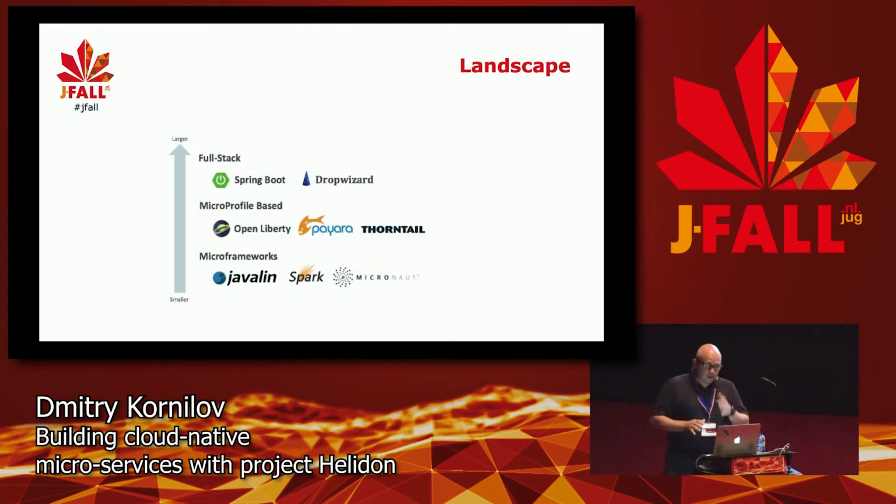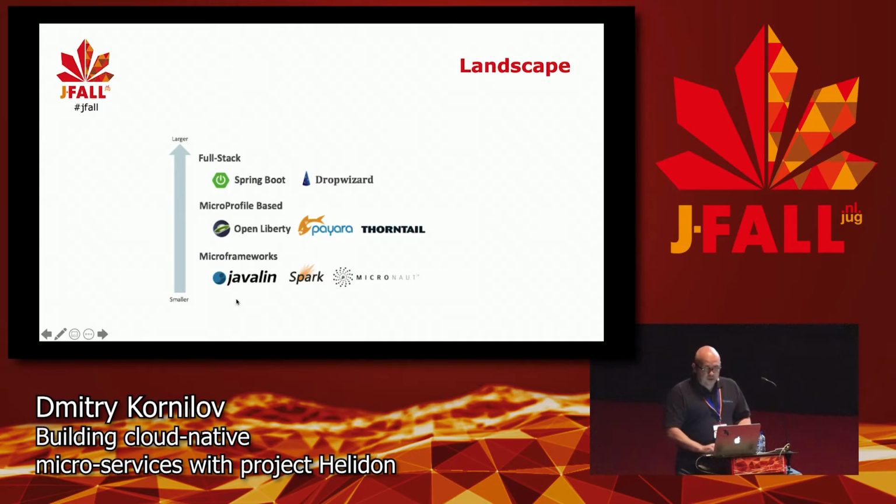Right, so there are quite a few Java microservices frameworks on the market now. I listed some of them on this slide and categorized them in 3 categories: full stack, MicroProfile based, which is what I'm talking about, and micro frameworks, and sorted them by footprint size from smaller to larger, right?